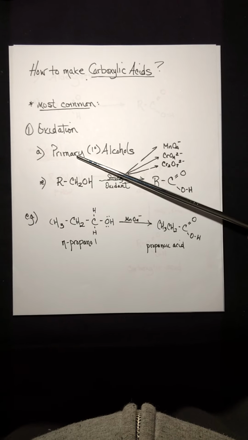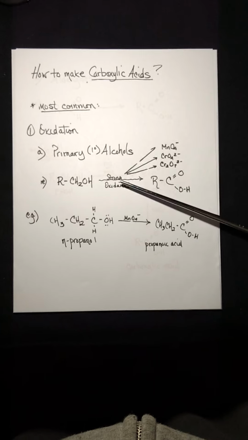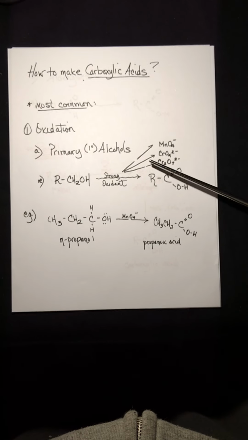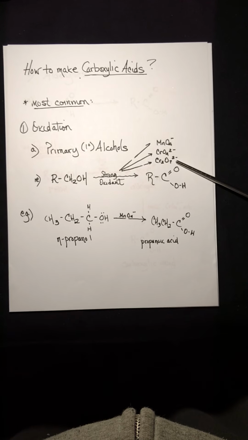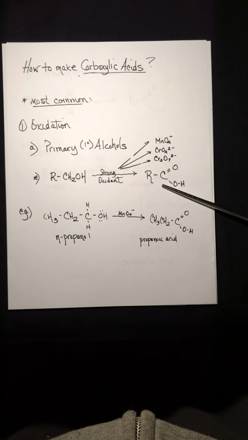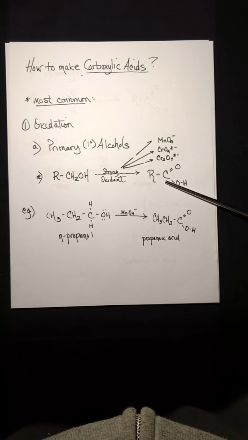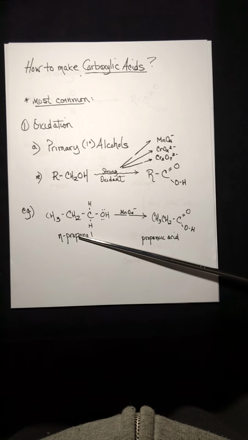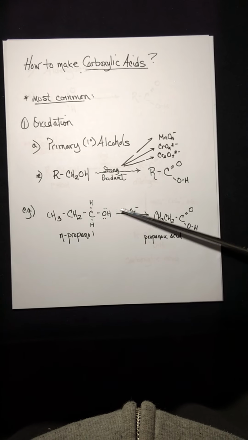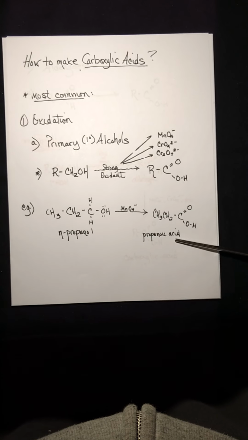In fact, we know that if we take a primary alcohol and treat it with a strong oxidizing agent such as permanganate, chromates, dichromates, we'll oxidize that alcohol directly to a carboxylic acid. So for example, if I have something like N-propanol and I treat it with permanganate, I'll get propanoic acid.